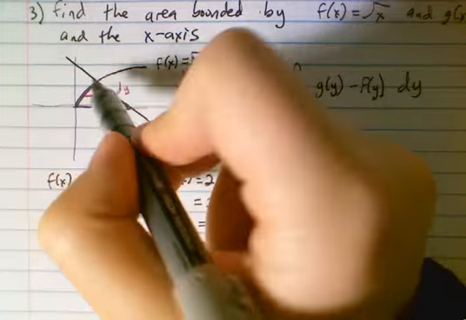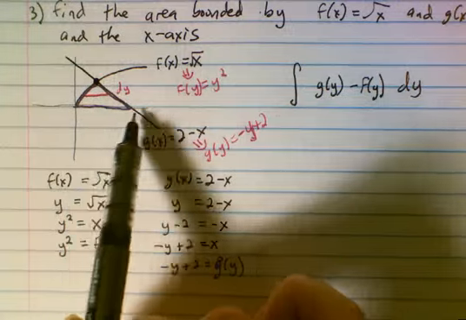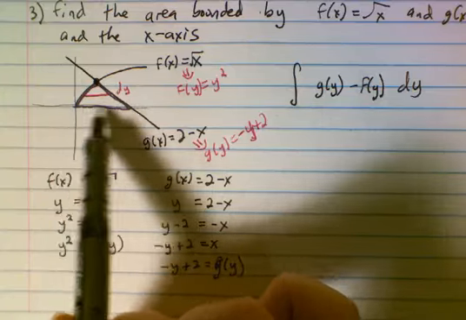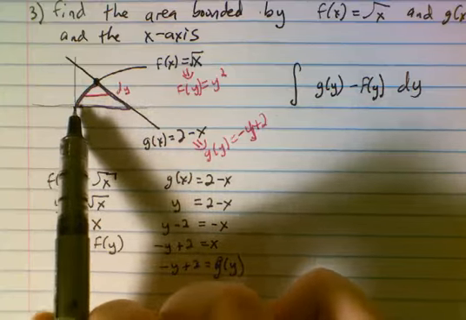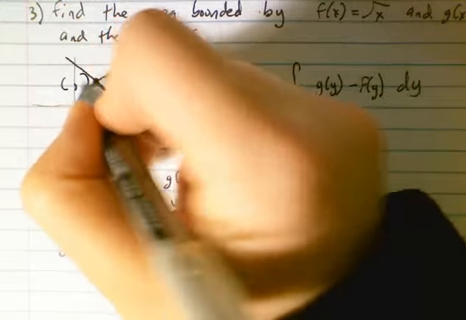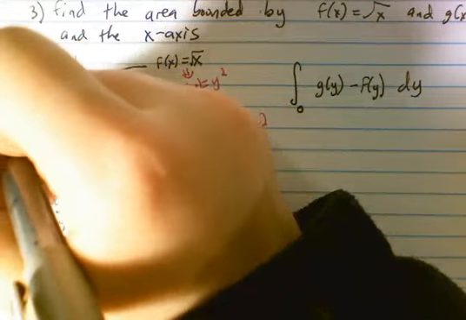And now I just have to find my starting and my stopping y's. Right down here, when we're exactly on the x-axis, that's where y equals 0, right? Because we haven't gone up at all. So I can see that my bottom number here is 0, but I still have to figure out what this coordinate is up here. I can find that just by setting these equal to each other. Y squared equals negative y plus 2.